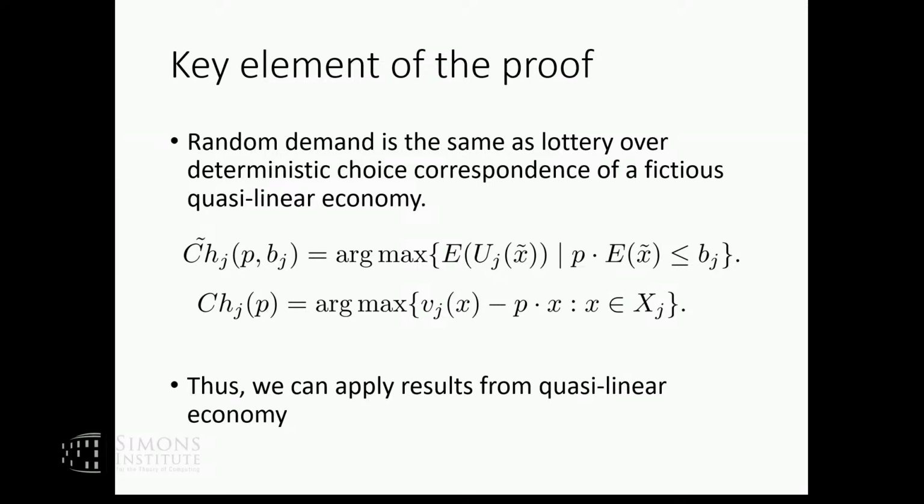I put that on the other side, like a Lagrange multiplier, and it turns out that it's really the same as a lottery over deterministic choice of some new functions. So that helped me characterize moving from one economy to the other. That's where the duality results come into place.